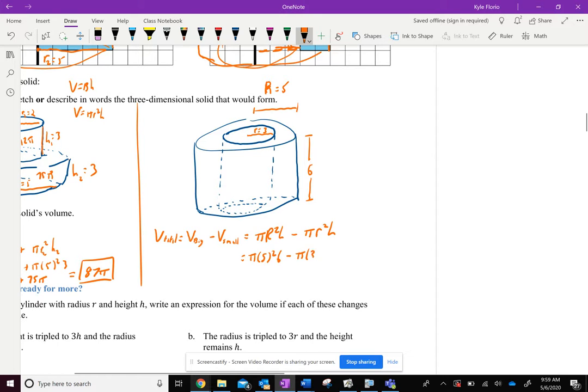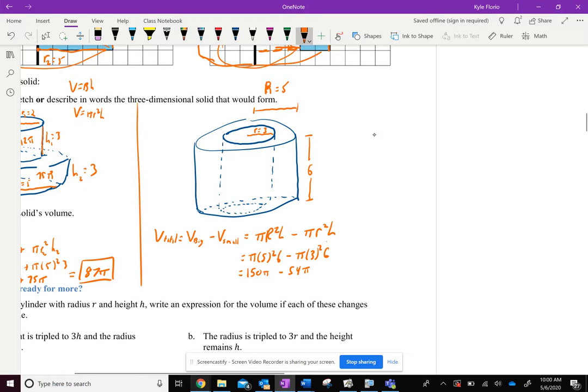The little radius is 3 and the height is still 6. So 5 squared is 25, 25 times 6 is 150. 3 squared is 9, and 9 times 6 is 54.